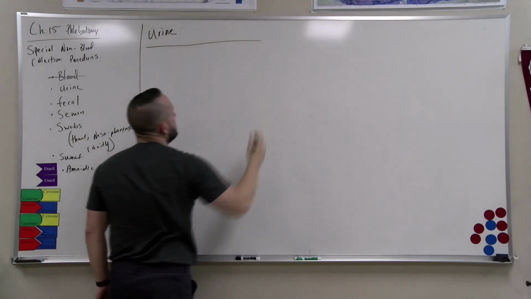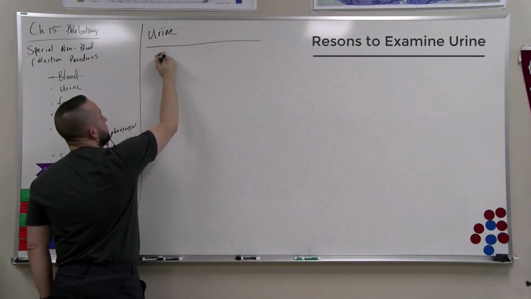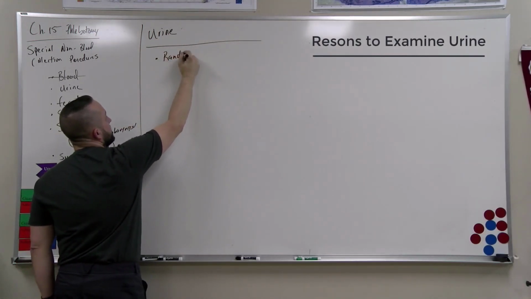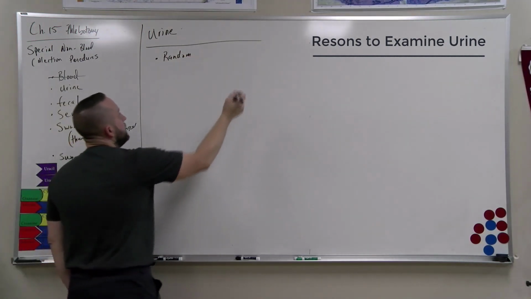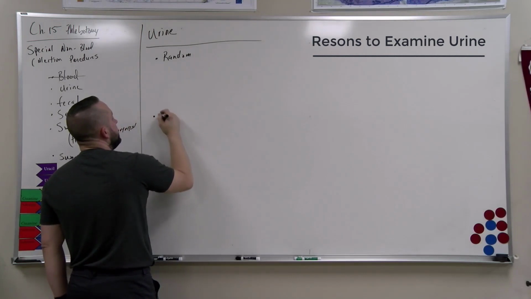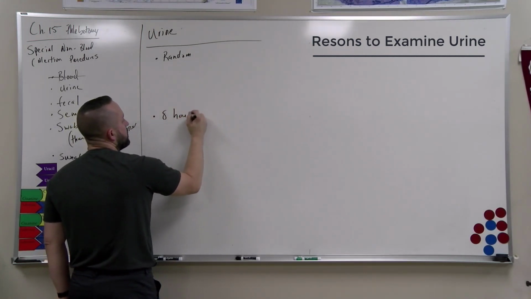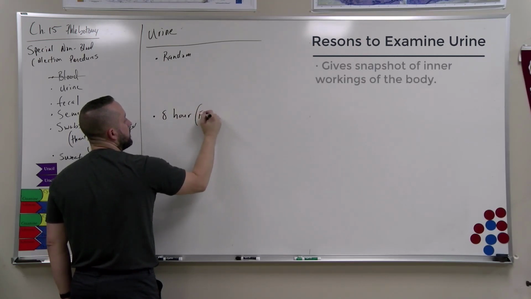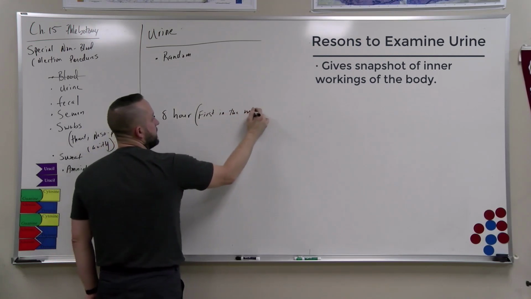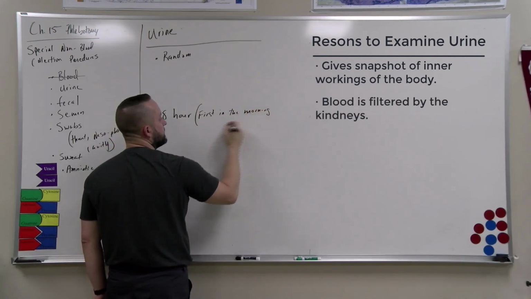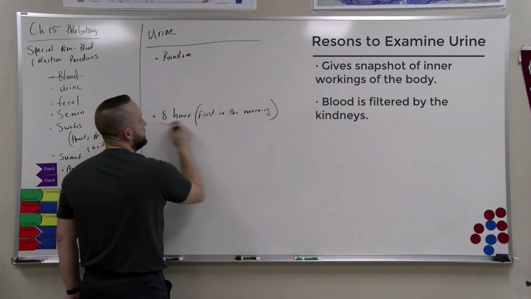We can collect urine at different times. The first one would be a random collection, which means we collect a sample of urine randomly at any time. The next one would be an 8-hour or first in the morning, that's my own paraphrase, collection.